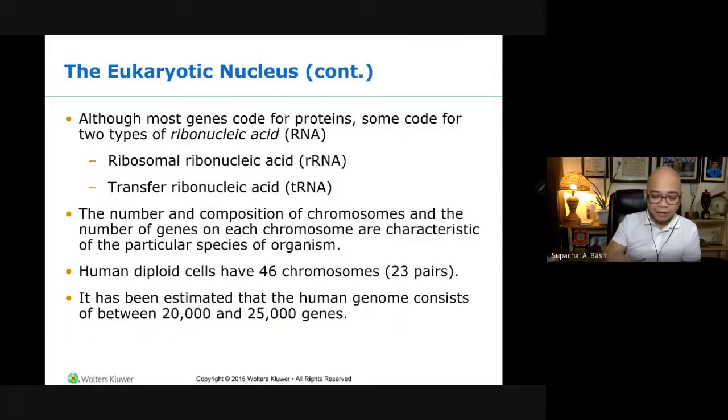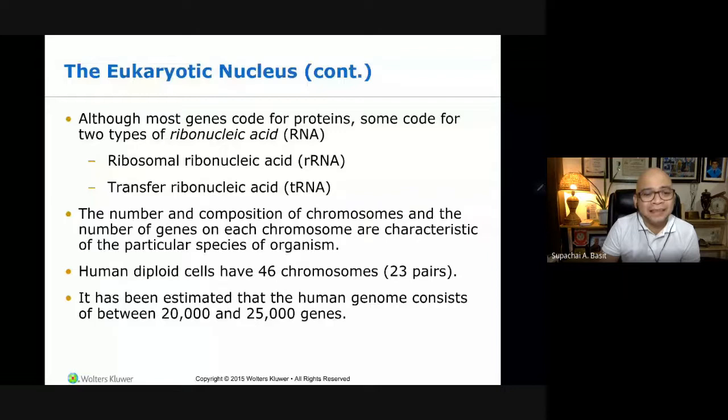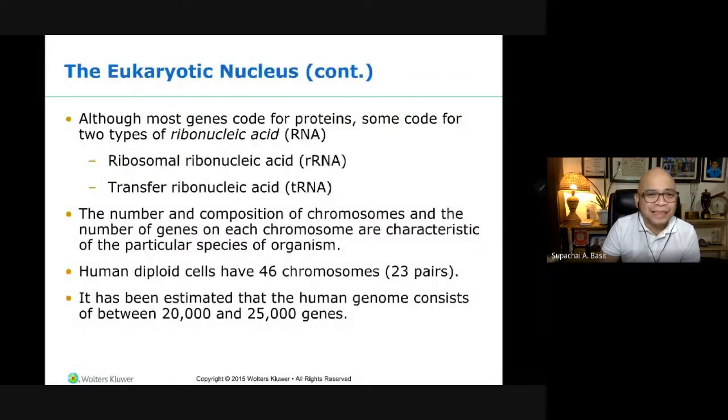Although most genes code for proteins, some code for RNAs. So we have the ribosomal ribonucleic acid or the rRNA, and transfer ribonucleic acid or the tRNA.